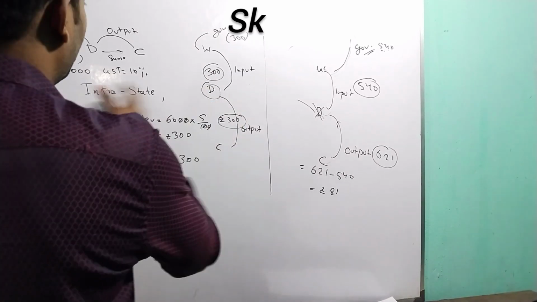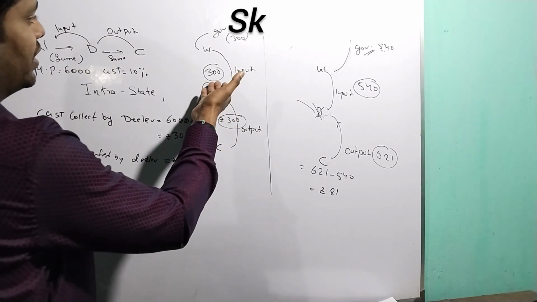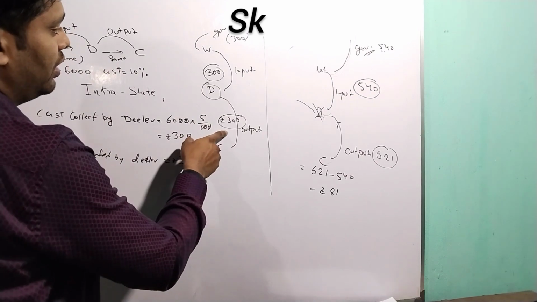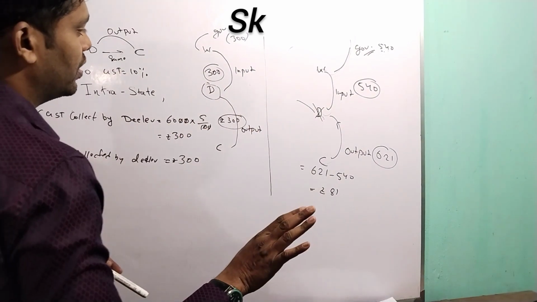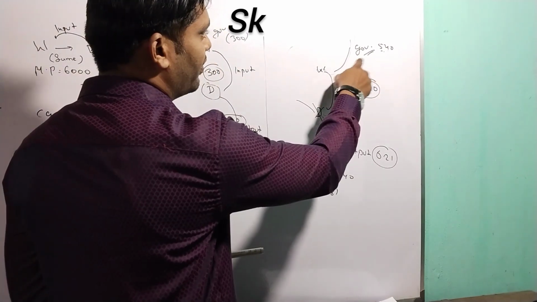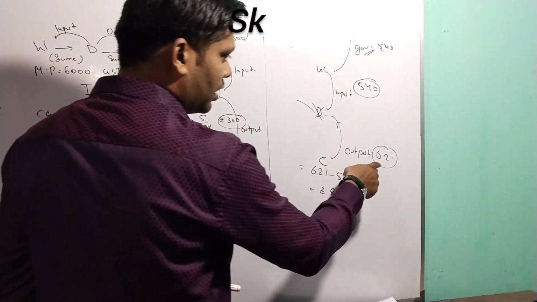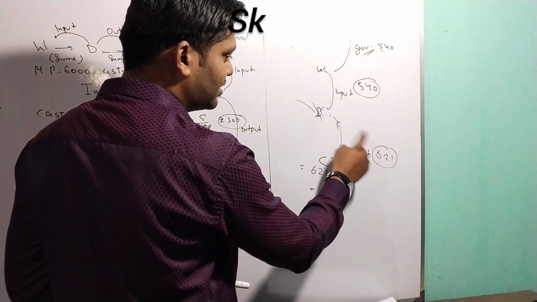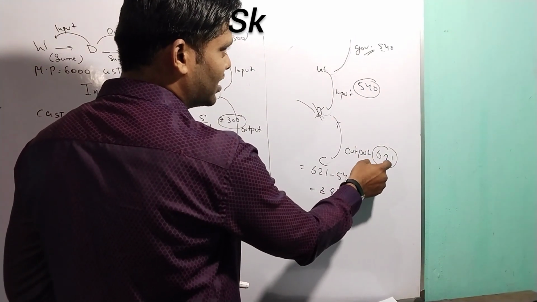So he has not made any profit, same price he is selling. So when he has already paid to the government, the government is having 300. Again same value, so there is no need to give anything. Okay, 300 is already done. But here if you see, the government is having 540, and he is also getting 540, so nothing to give. But in this case he is getting 621, the extra one, no?